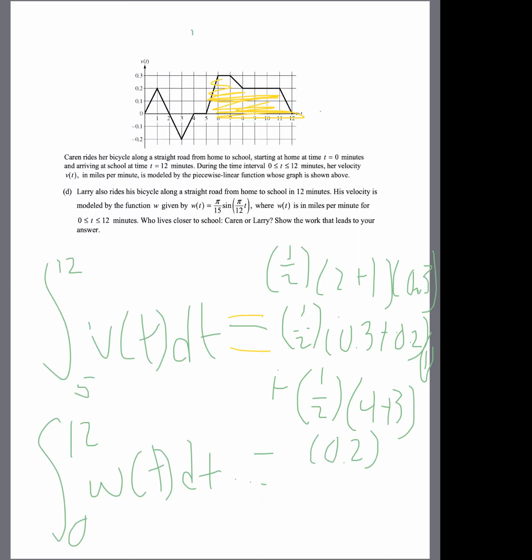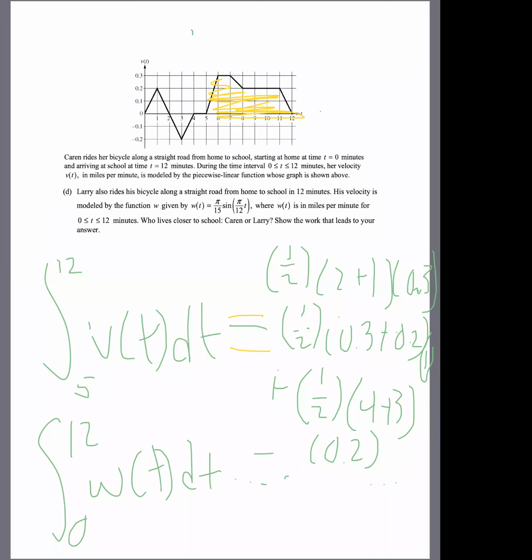But now the last thing I would do in this case, and I know Miss Q always said you don't have to simplify it, but in this case I do think you do, only because the question is asking you to compare how far they travel. When we do Larry's integral, we're probably going to get a number too. But how do we know how big that number is compared to this if we don't simplify it?